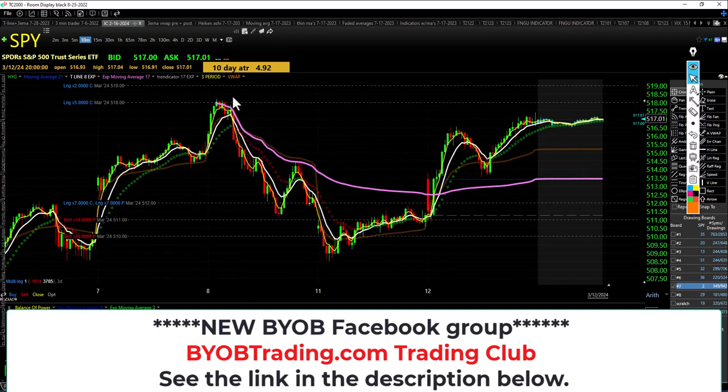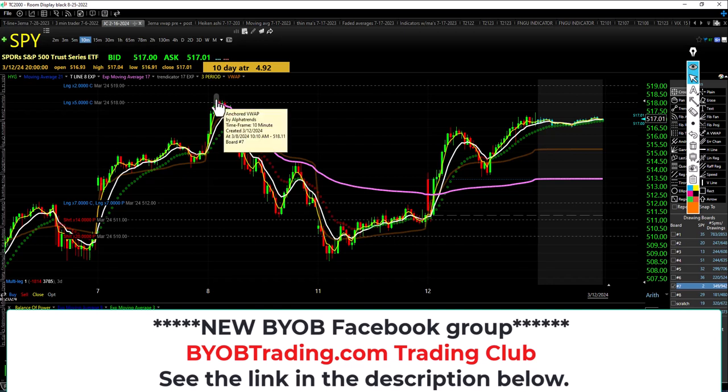So here's price action. Now anytime I see price action come in and start to climb on top of the all-time high anchored VWAP, all right, that tells me money is coming into the markets.